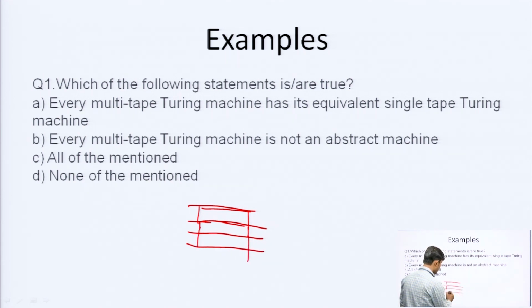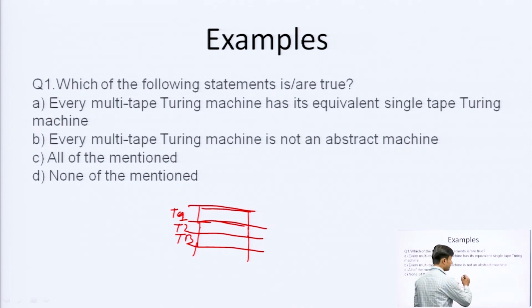Just to give one concept: you know that a two-dimensional array in C language is stored in a contiguous block, but it works like a one-dimensional array. Similarly, here you can say this is tape 1, this is tape 2 and this is tape 3.